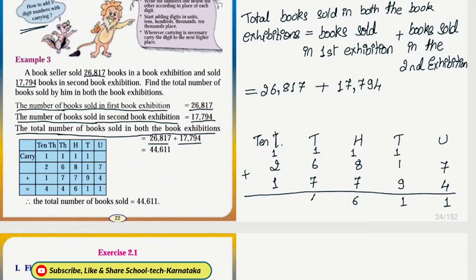I write 4 here and carry 1 at 10,000s place. At 10,000s place I have now 1 plus 2 plus 1, that is 4. So the total books sold in the book exhibition is equal to 44,611. So these are the total number of books that are sold by him in the exhibition.